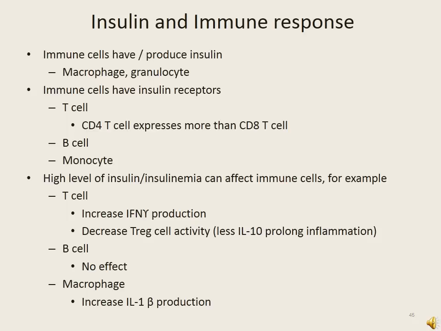That is, for example, the release of anti-inflammatory cytokine interleukin 10 from Treg is reduced, so it will prolong an inflammatory response. High insulin also affects the secretion of the pro-inflammatory cytokine interleukin 1 beta from macrophages. But the evidence or the study does not show an effect on B cells.